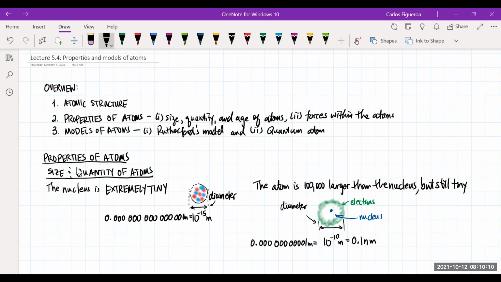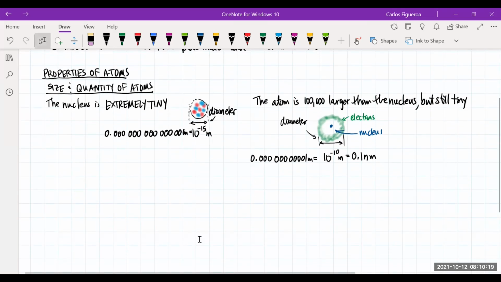So we're throwing around these numbers and asking, well, that's the size of it. Of course, we can't just throw these numbers around because they're meaningless.